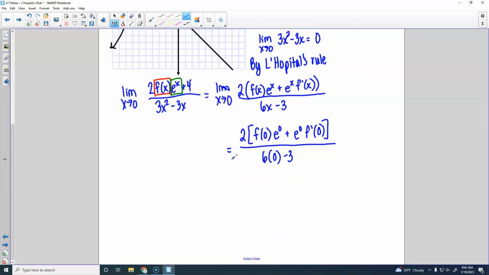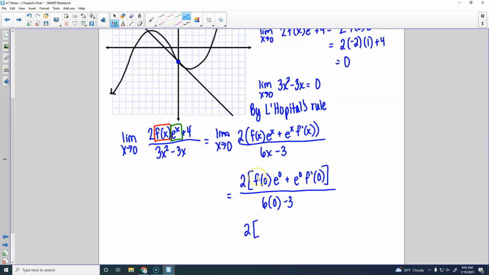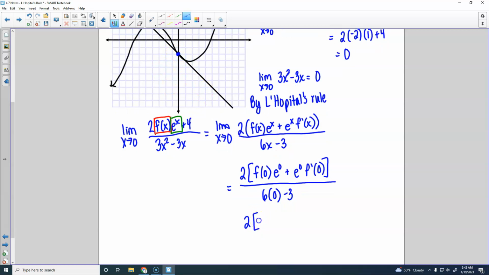Okay, they like to give you these problems because it really puts a lot of stuff together. You have to know f of 0. What is f of 0? It is negative 2. E to the 0 is 1. E to the 0 here is 1. What's f prime of 0?